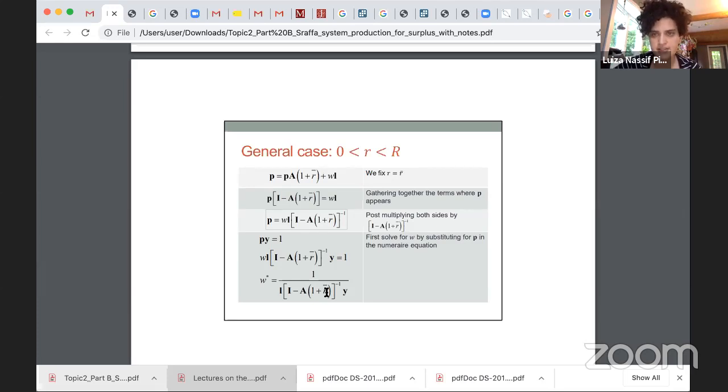You're talking about profits before wages. You're not seeing your capitalist as looking at his wages and thinking, this is also an investment, or this is also capital that I'm putting in my economy. This is why you have your 1 plus R multiplying your A. It's just multiplying the inputs part. It's not also giving you a rate on top of the wages.